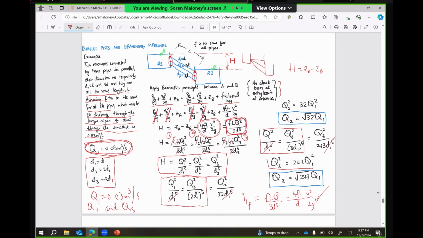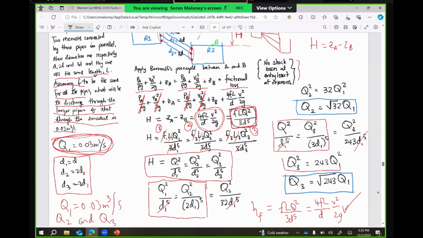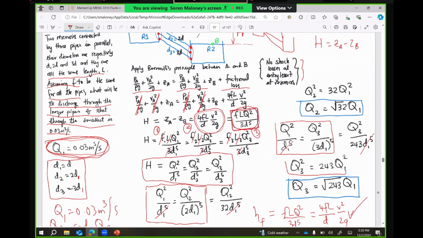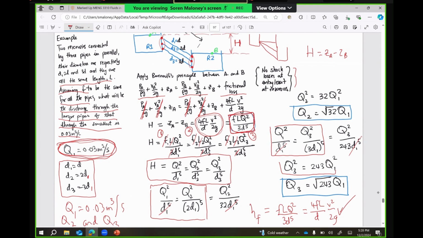The first box on top, H equals Q1 squared equals Q2 squared, the three ratios. You focused on the discharge for the first and second one because you want to find the second discharge, and you're given the first discharge.